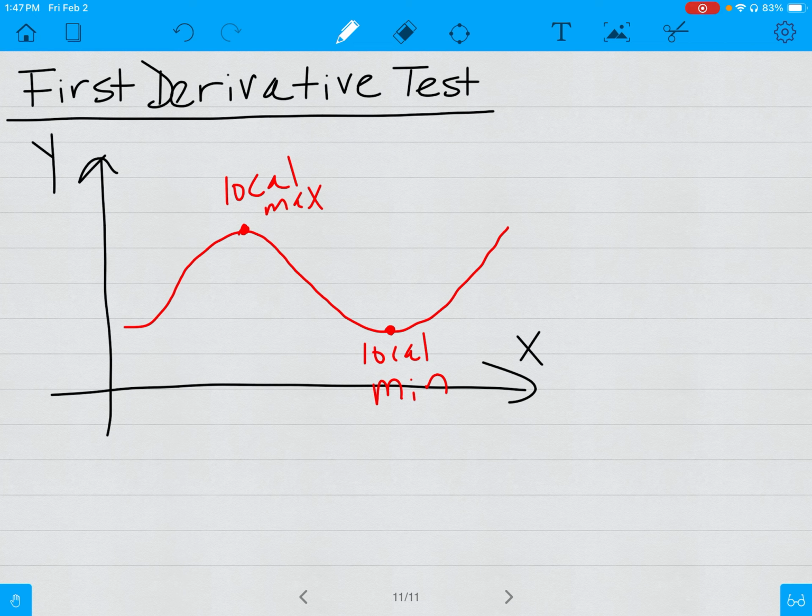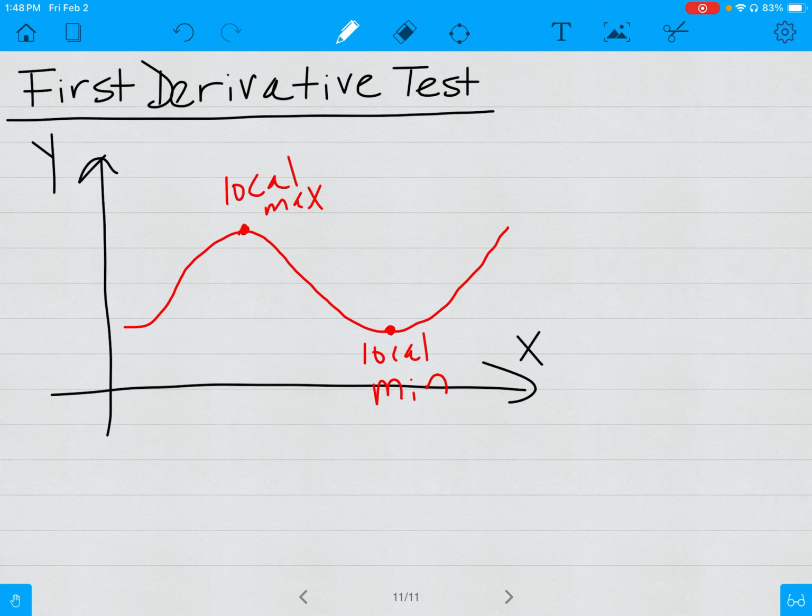So those are our extrema. We know what they are. But again, if I didn't have this graph, I want to think through how could I find these things using calculus and using derivatives, because we're talking about the first derivative test. How could I find these things by looking at the derivatives?